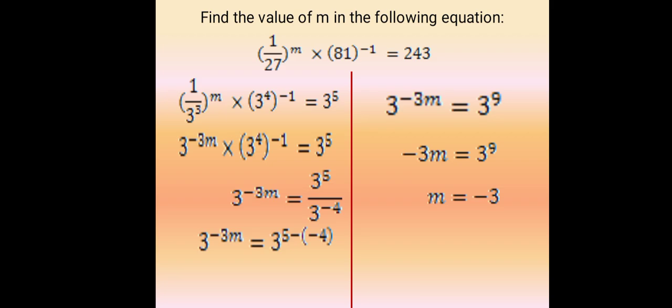So it means 3 raised to the power of negative 3m is equal to 3 raised to the power of 9. You can see now the base is the same. The base is 3. So it means that negative 3m is equal to 9. Now what about m? We divide by negative 3 on both sides, m becomes negative 3.